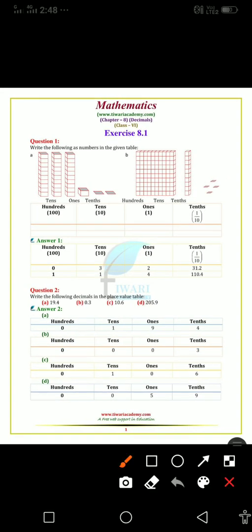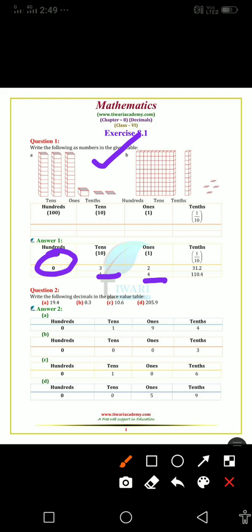One question I have already explained to you. Okay, that 30 answer is there, so you have to write in the same way. In the hundreds place there is nothing, so we write 0. In the tens place we write 3, and ones place is 2. Sorry, here one mistake is there.